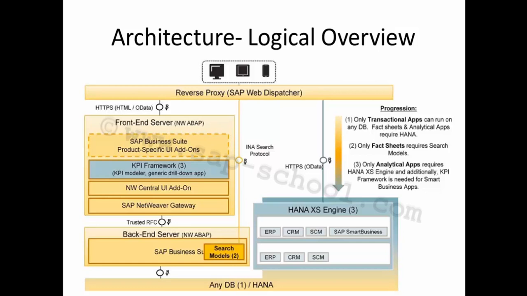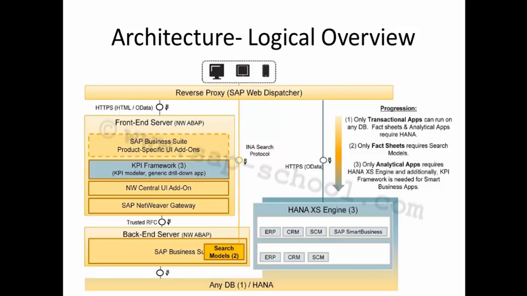So first of all we have the SAP Web Dispatcher, then we have the front-end server components, which will have all the UI components including all the add-ons, NetWeaver Central UI add-ons, then the SAP NetWeaver Gateway, then we have the SAP Backend Server. My SAP ABAP Backend Server will contain the business logic and the backend data. The OData service and the data model are packaged with the business suite enhancement pack by product.